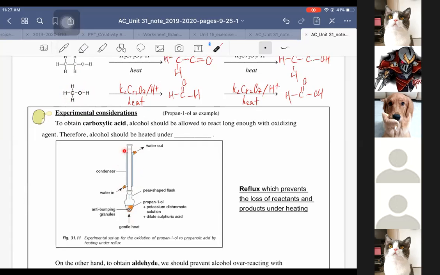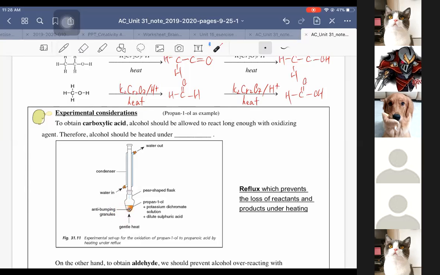But if we're using a reflux setup, once it evaporates, it will touch the cold condenser. Okay, and then it will condense back to liquid and drop down to the round bottom flask for the reaction to continue. So in this case, we can make sure all the alcohol has been turned into aldehyde and then further turned into carboxylic acid.